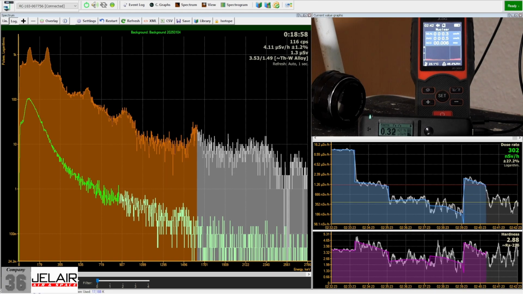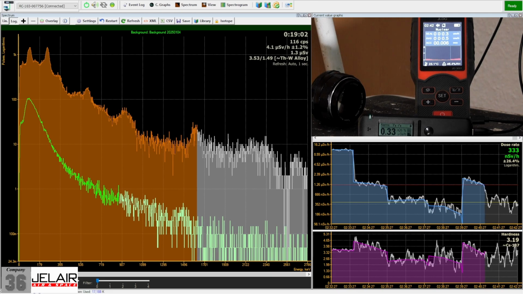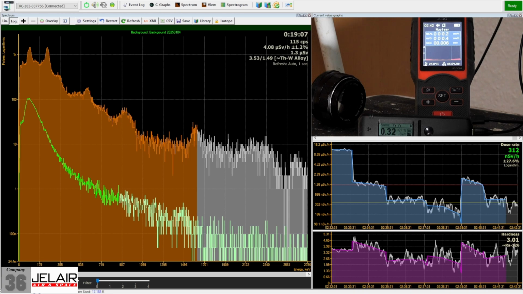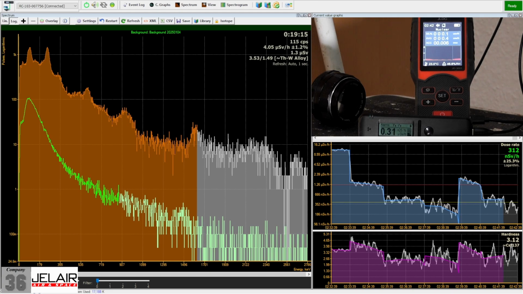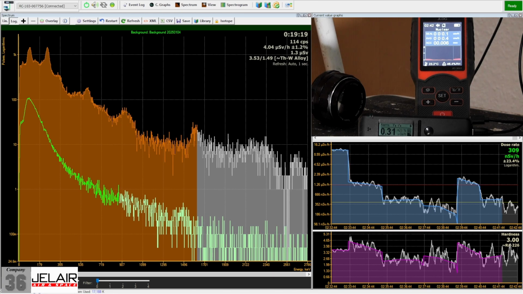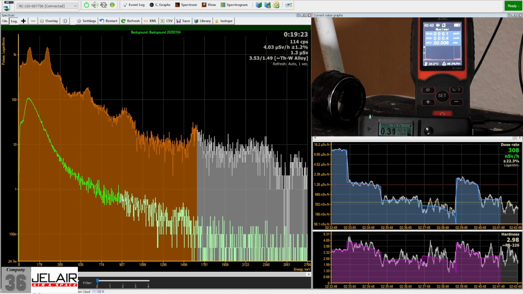The person being photographed would not get the same levels. So you can see the Geiger-Müller tube is almost down to background radiation levels now, 0.1.